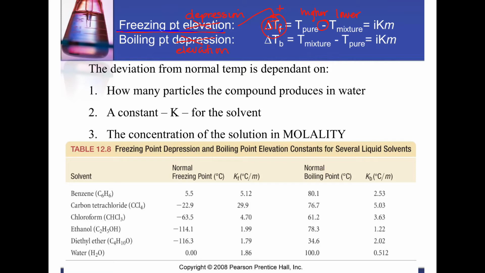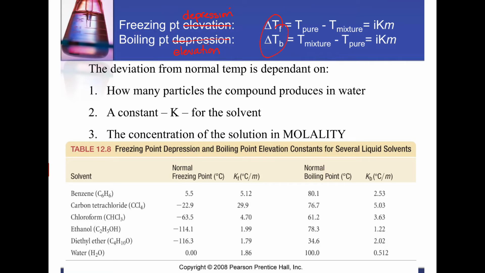Anytime we calculate these delta T's, they are always going to be a positive value. And you can kind of think about them as the deviations. So these are how much the freezing or the boiling point has changed from what it was before.